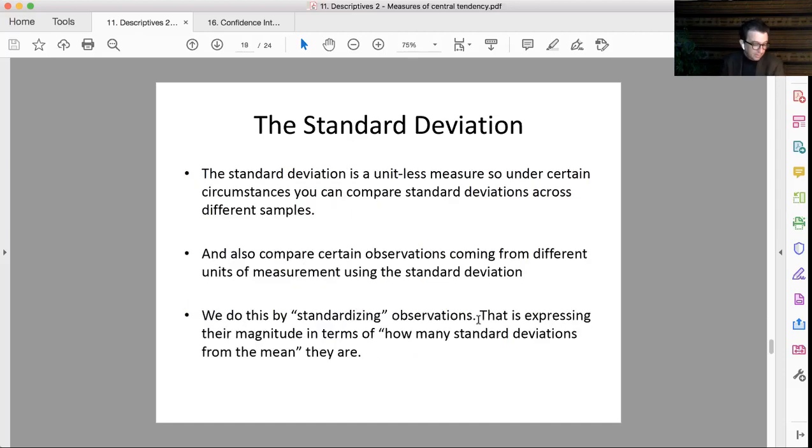And the standard deviation is, again, a measure of how far observations fall from the mean, okay? And it's very useful when you have standardized observations. You can talk about their values not in the units of the variable, but in terms of how far they fall from the mean.